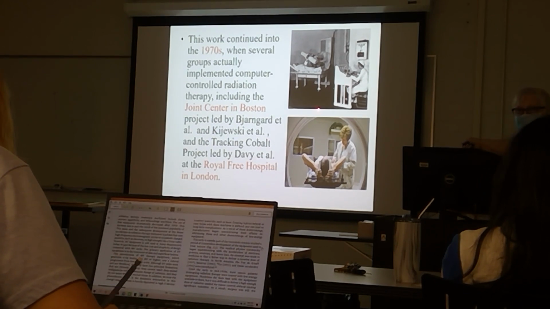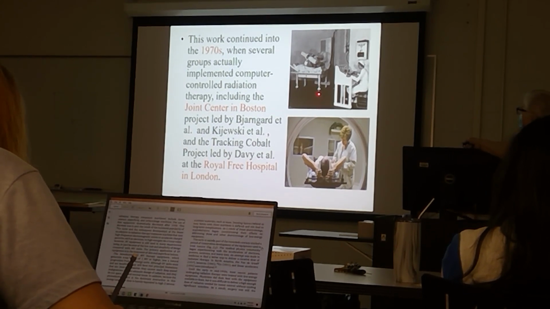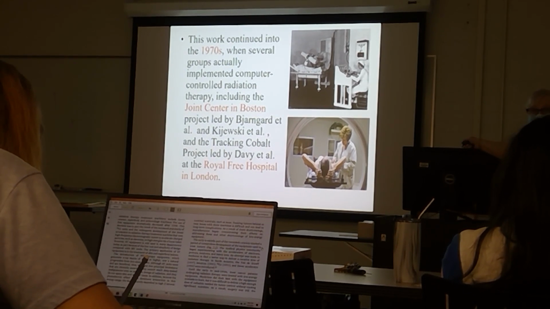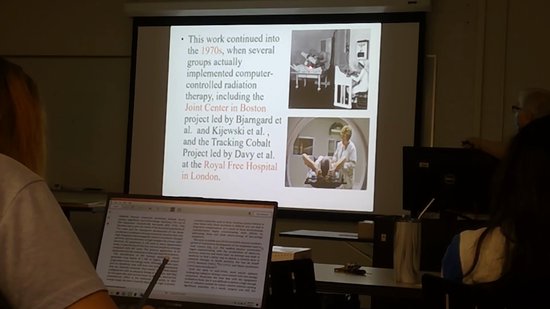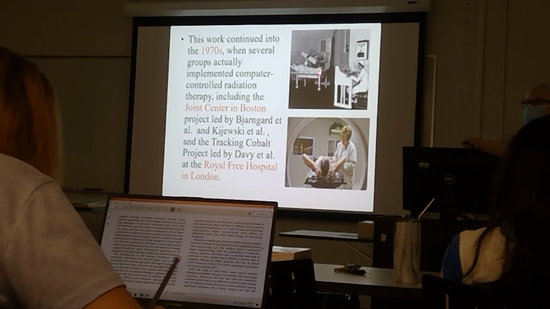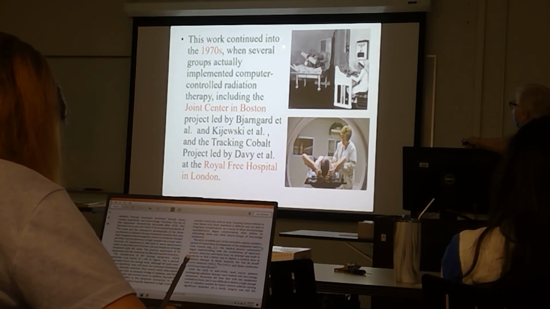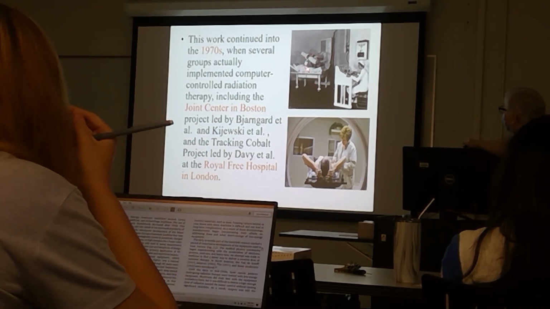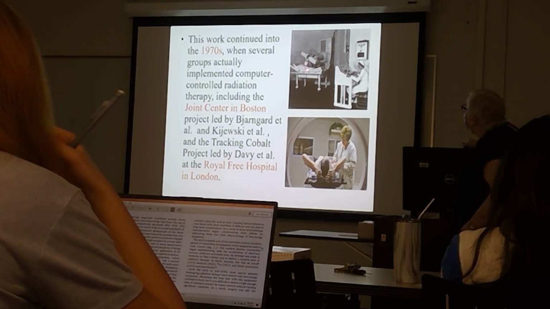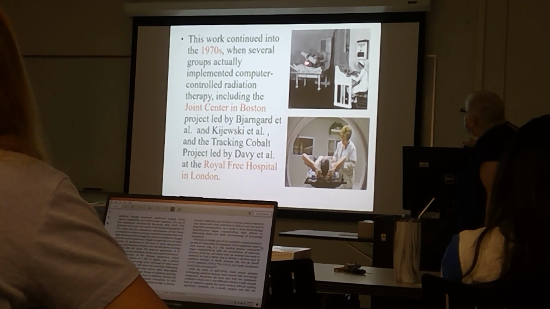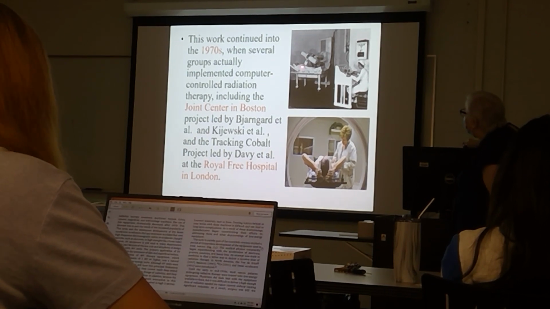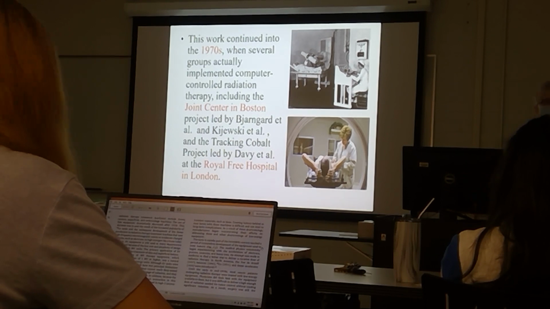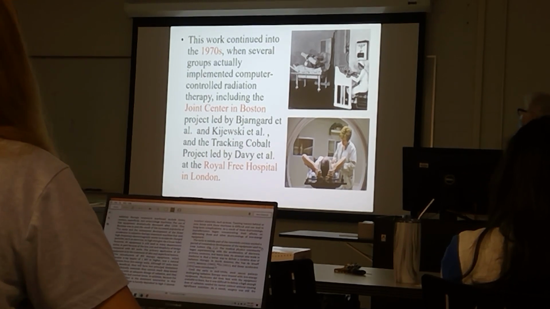We were always behind the wall with a window made of lead glass. You had 250 to 300 kV machines. This one looks like a Siemens machine that you could place, and this came down to touch the patient. We actually got good responses, by the way. So, you know.